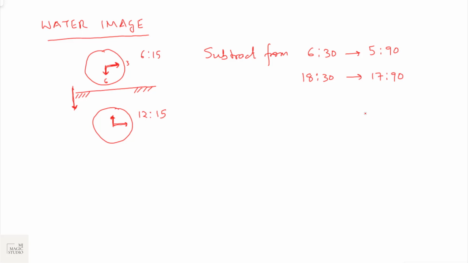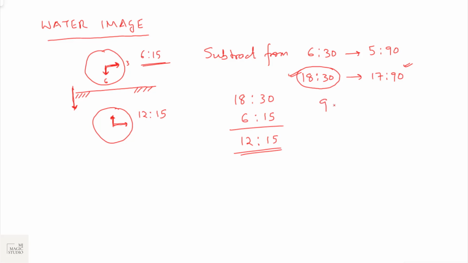All are the same time. Like if it is 6:15, it is better to subtract from 18:30. If you subtract 6:15 from 18:30, you will get the answer 12:15. So it's advisable to use 18:30 or 17:90 majority of the time to find the water image.